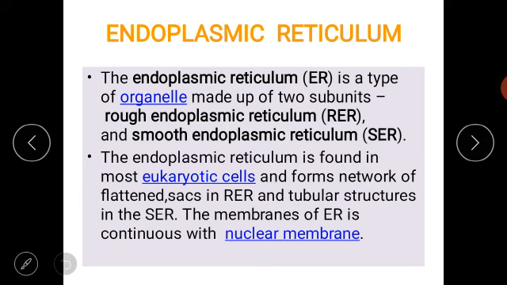These are the two types. Endoplasmic reticulum is found in most eukaryotic cells and forms a network of flattened sacs in the rough endoplasmic reticulum and tubular structures in the SER. Tubular structure is seen in SER and flattened sac-like structure is found in RER.